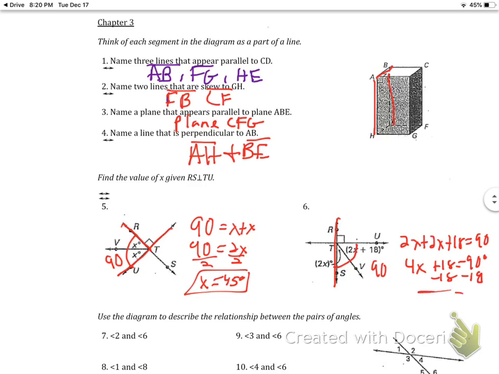You get 4x equals, and when we do that math there, you're going to end up with something that's going to look like, borrow here, 2, that gives an 8, 72 degrees, divide by 4. We end up with 72 divided by 4 being 18. X equals 18.